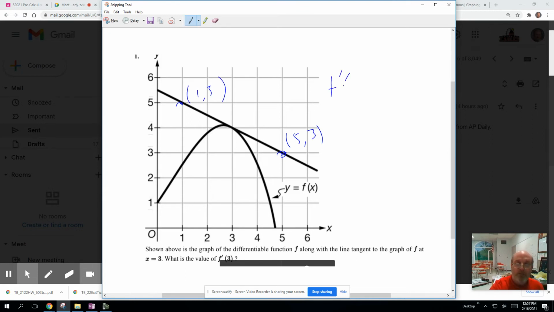So f prime of 3 is the slope of the tangent line at 3, which is going to be 3 minus 5 over 5 minus 1. That's equal to negative 2 over 4, or negative 1/2.